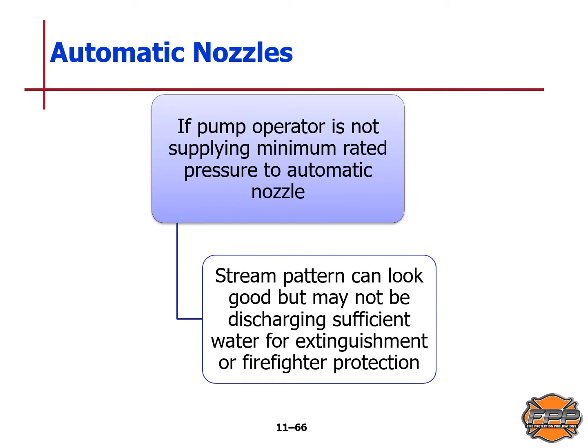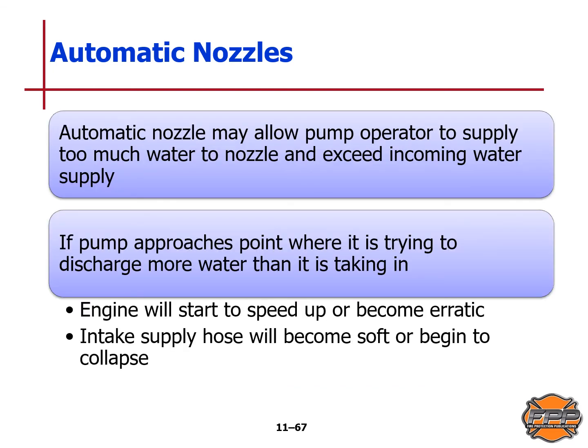If a pump operator is not supplying minimum rated pressure to an automatic nozzle, the stream pattern can look good but may not be discharging sufficient water for extinguishment or firefighter protection. The automatic nozzle may allow the pump operator to supply too much water to the nozzle and exceed the incoming water supply. If the pump approaches the point where it's trying to discharge more water than it's taking in, the engine will start to speed up or become erratic.